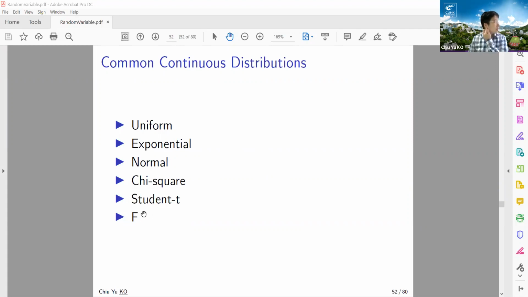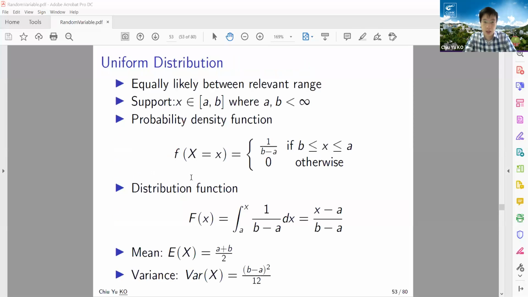Because later you will see the normal, chi-square, student T and F all do not have a closed form expression. So we rely on the Excel to do the calculation. So we will touch on those very soon, because when the calculation comes, we need it. But let's quickly review what we have done.